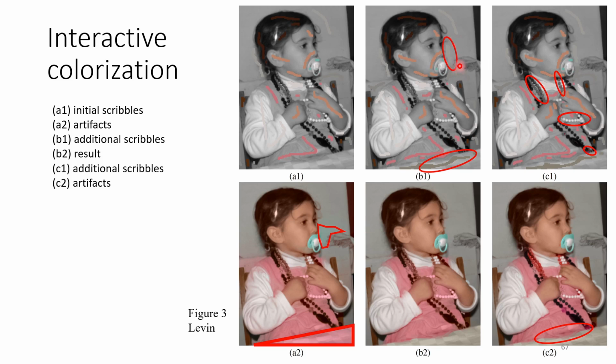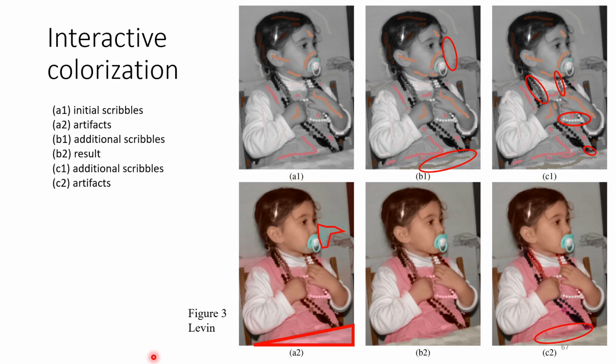The author adds some more scribbles here and here. Then it can adjust the color generated. And again, if he wants to assign some more colors, he can add some more scribbles here, here, and here. Then it can generate a new result.